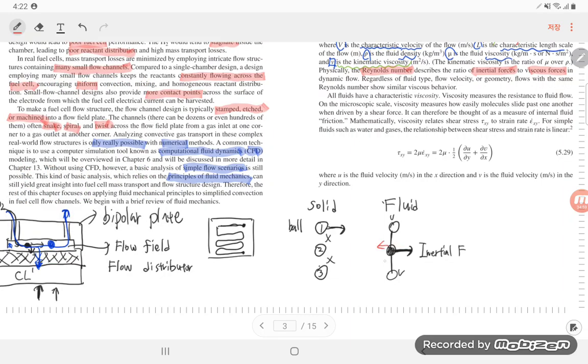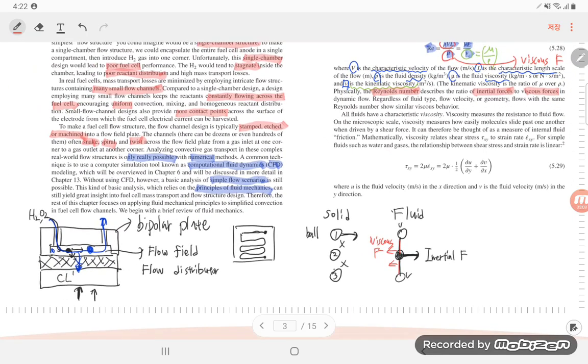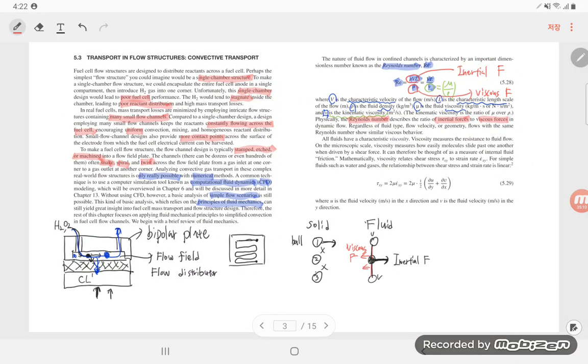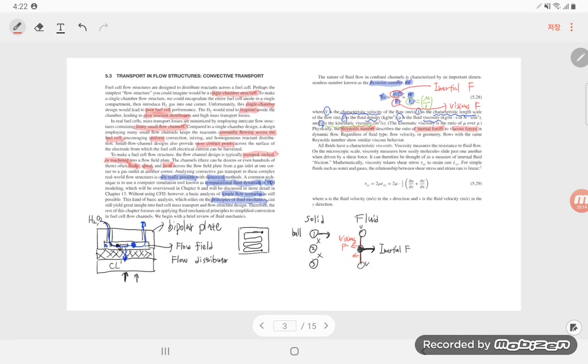So they interact together, and this is the viscous force. Okay, this is the meaning of the Reynolds number.